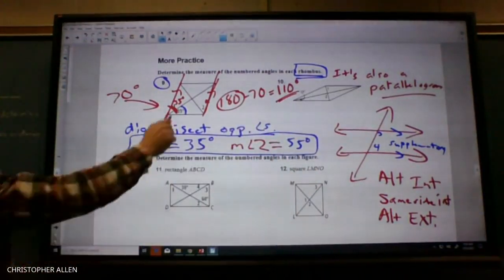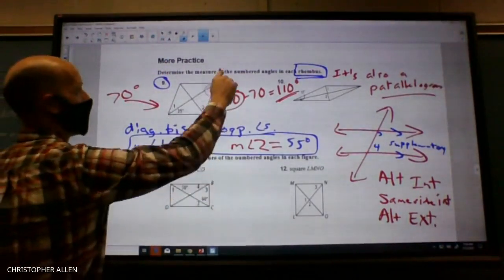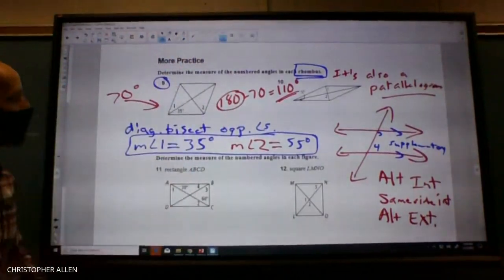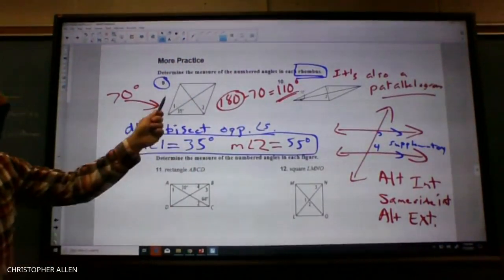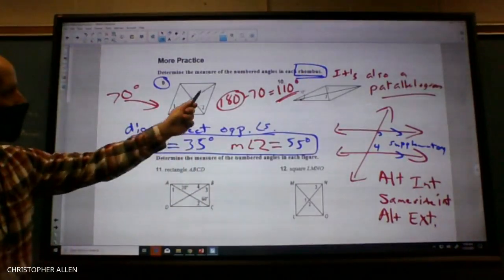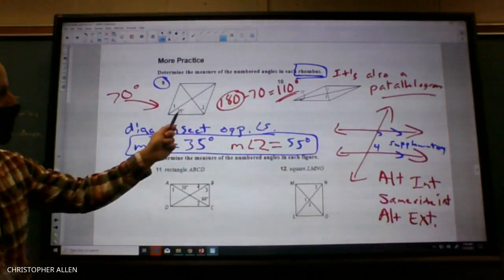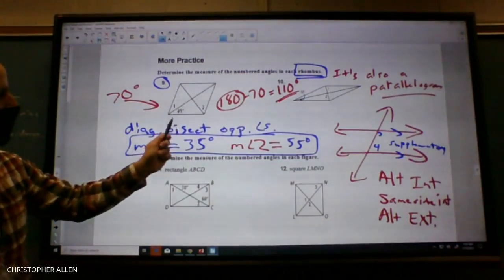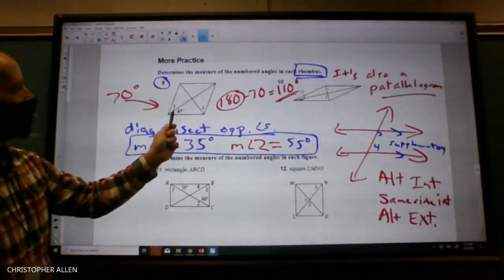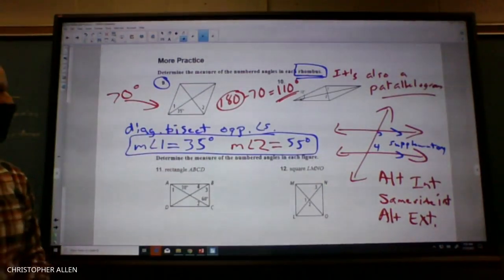So in fact, let me erase all this stuff I've got here. Since this rhombus is a parallelogram, the diagonals bisect opposite angles. If this angle is 35, then this angle has to be 35. So that's the easy part. Number 1, angle 1 is 35.